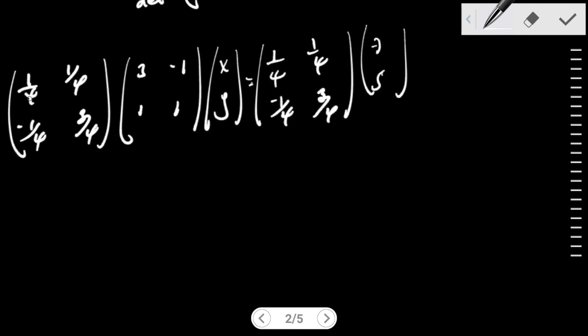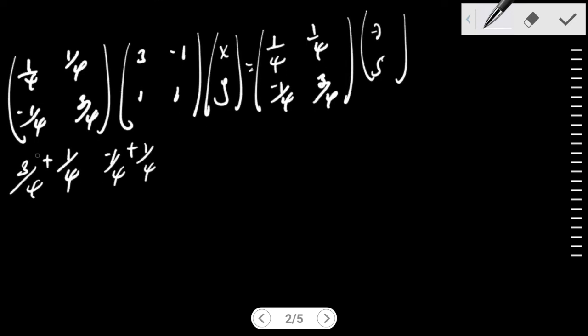I'm having 1 out of 4 times 3, we get 3 out of 4, plus 1 out of 4 times 1, which is going to be 1 out of 4. Now on this side, we have 1 out of 4 times negative 1, which would be negative 1 out of 4, plus 1 out of 4 times 1, which would be 1 out of 4.